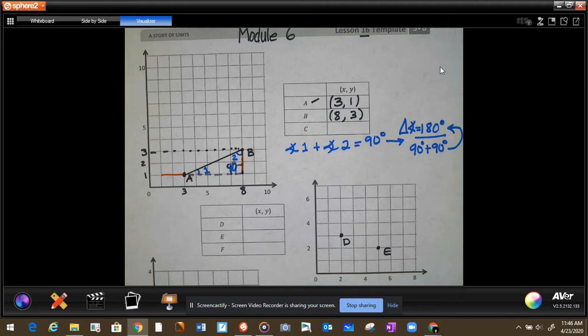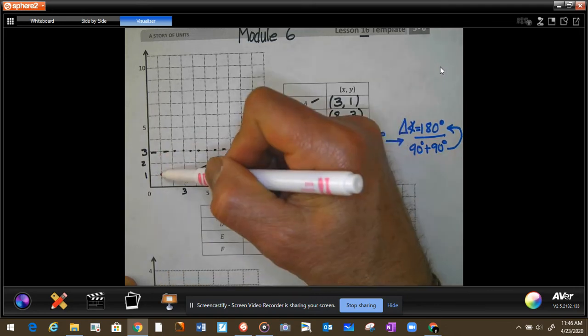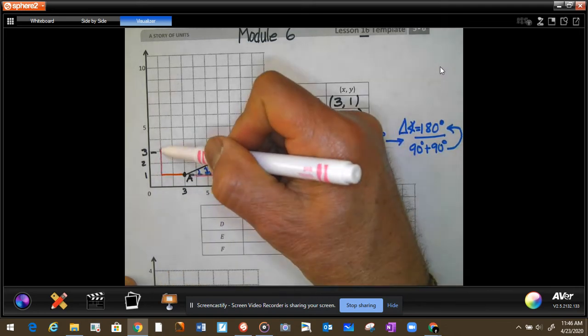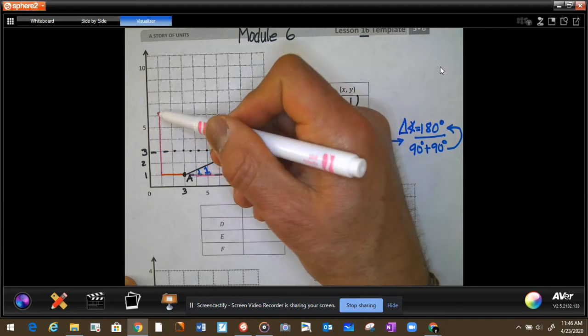And if that's the case, the height, let me use a different color so you can see it, this part right here is 5 units: 1, 2, 3, 4, 5 units. So I'm going to do the same thing right here: 1, 2, 3, 4, 5 units.